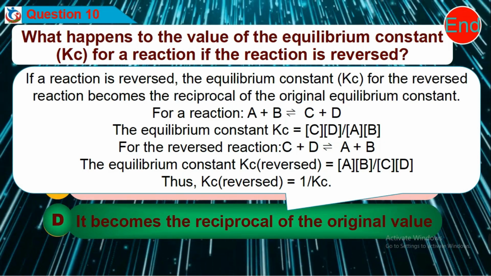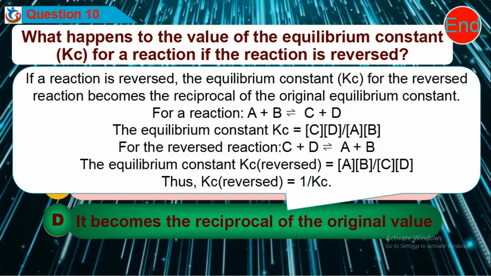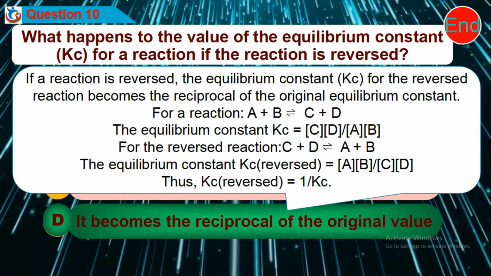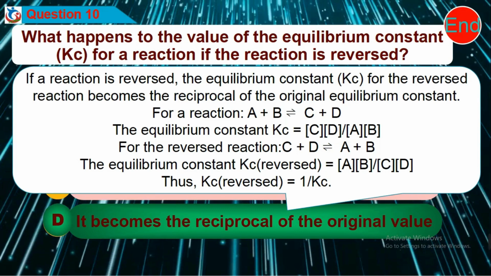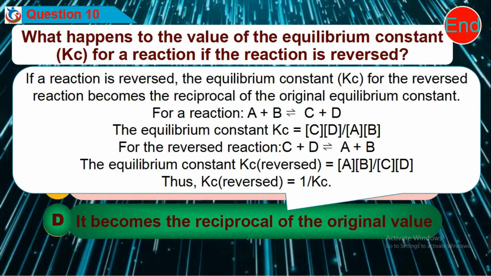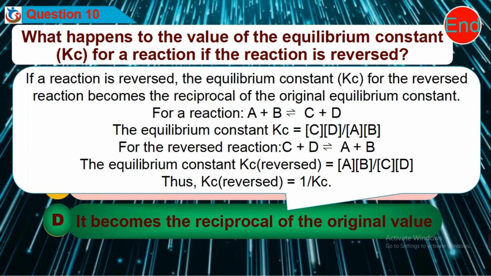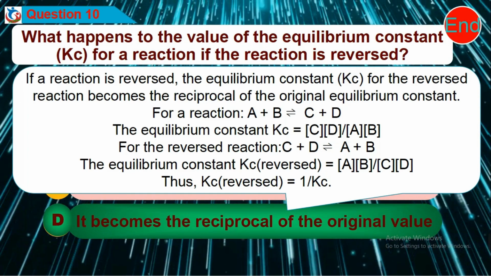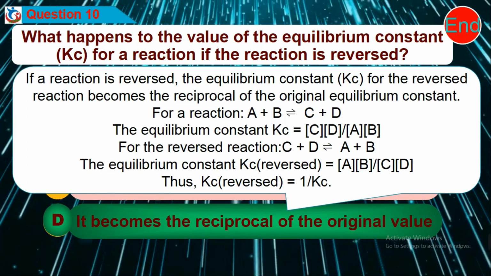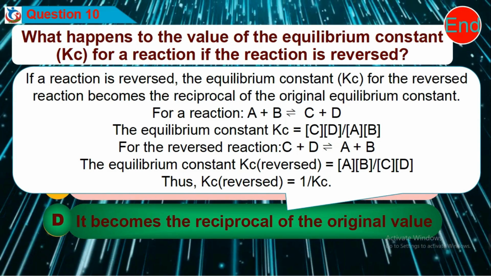For example, for a reaction A plus B to give C plus D, the equilibrium constant Kc is equal to the concentrations of the products C and D divided by the concentrations of the reactants A and B. So for the reverse reaction, C plus D to produce A plus B, the equilibrium constant is equal to the concentrations of the products divided by the concentrations of the reactants. So Kc becomes 1 over Kc in a reversed reaction.